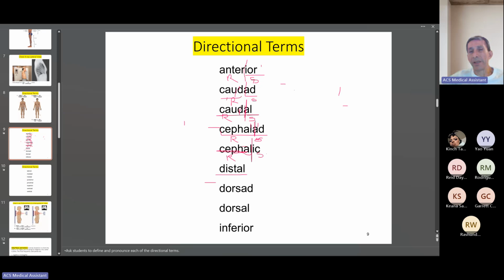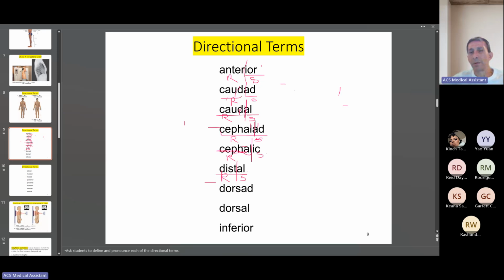Then we're going to have distal. We know already that AL is the suffix, so we're going to separate the suffix, and this is the word root. Pertaining to far away. Pertaining to far.